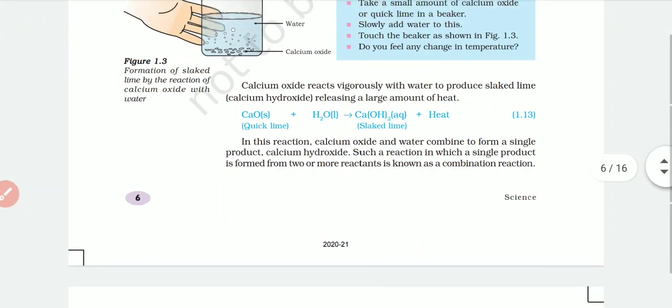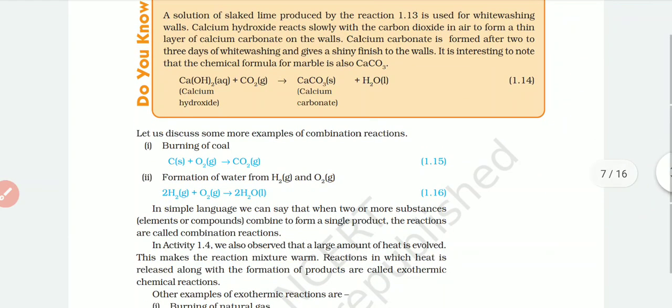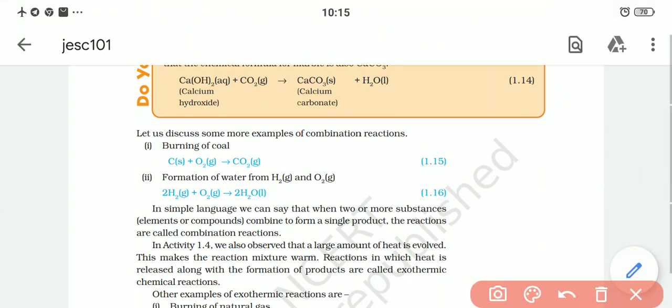Now let's see another example: burning of coal. Coal contains carbon. When carbon burns in the presence of oxygen it forms carbon dioxide. So this is also a combination reaction in which two reactants react and form one product.